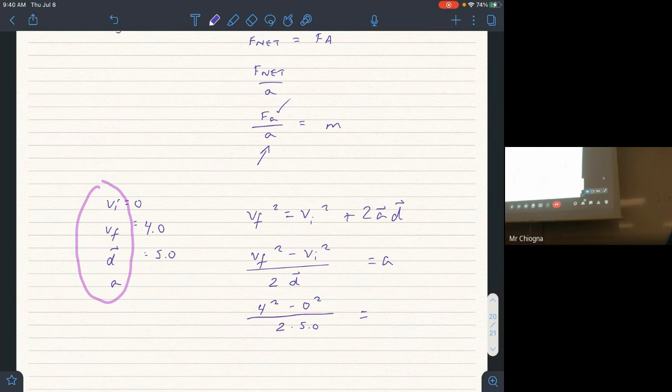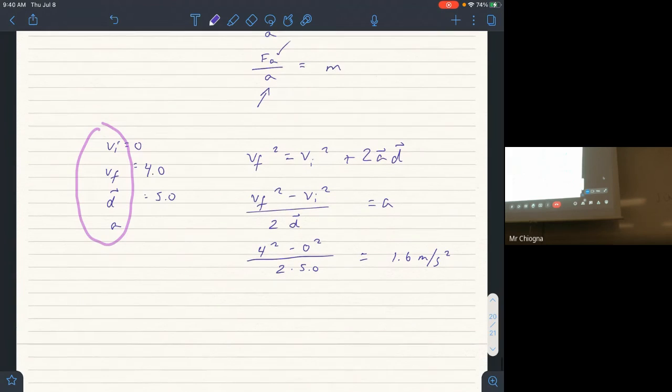So your acceleration is 1.6, to the right. Doesn't matter, we're not going to use direction here.